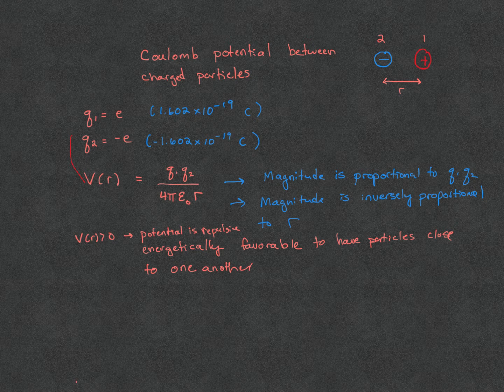And it is not energetically favorable to have particles close to one another. Okay? So attractive potential, it's energetically favorable to have the particles close to each other. V of R is positive, it's a repulsive potential, not energetically favorable to have particles close to each other.